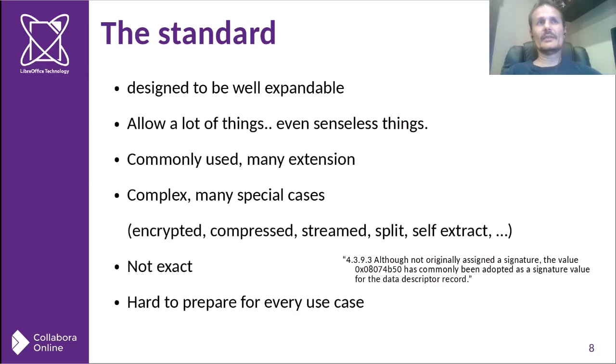So the standard is designed to be well expandable. It's a very good thing that there are many spots in the zip archive where we can insert our own special data if we want, and if we do it in the right way, we can read it back too.